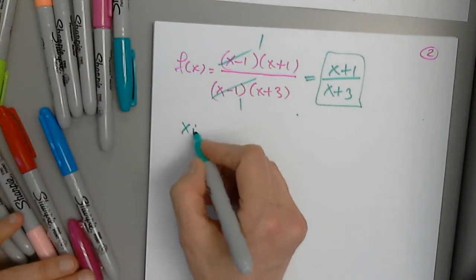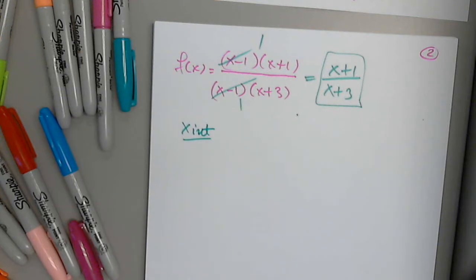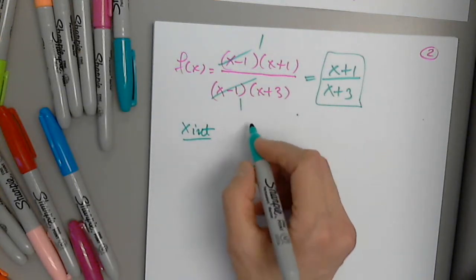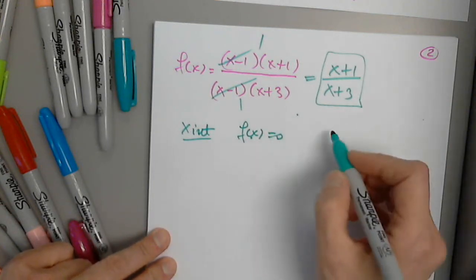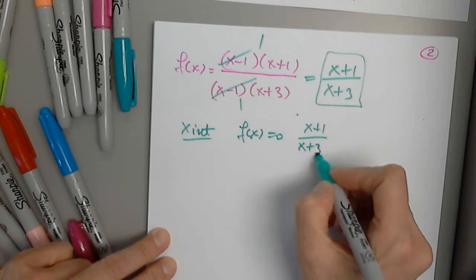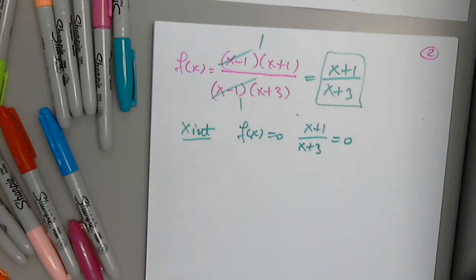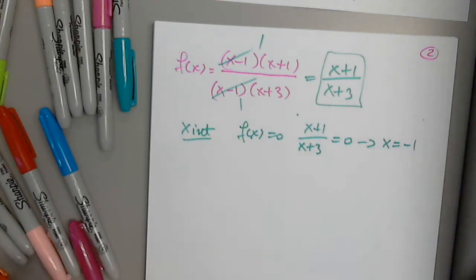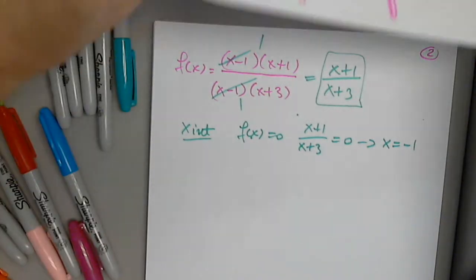How do I find the x-intercept for any function? We need the function to be 0. So x plus 1 over x plus 3 is 0 only when the numerator is 0, which means from here I have x equals -1. Okay, I'll go back.